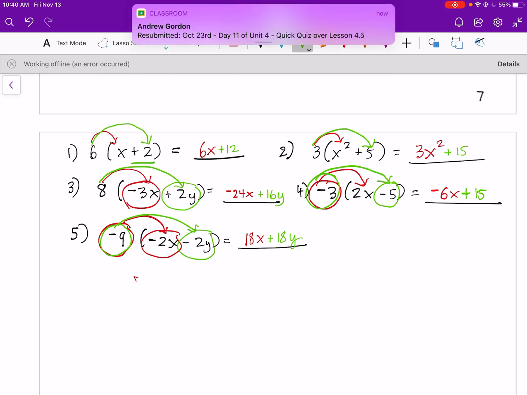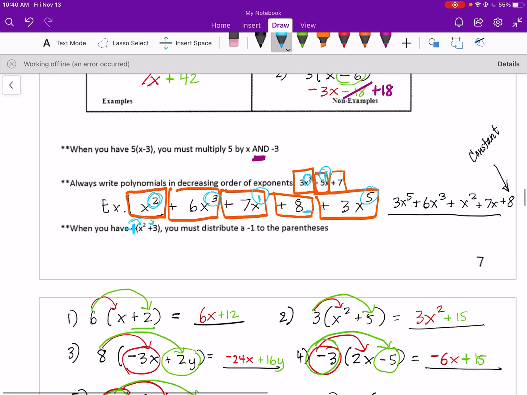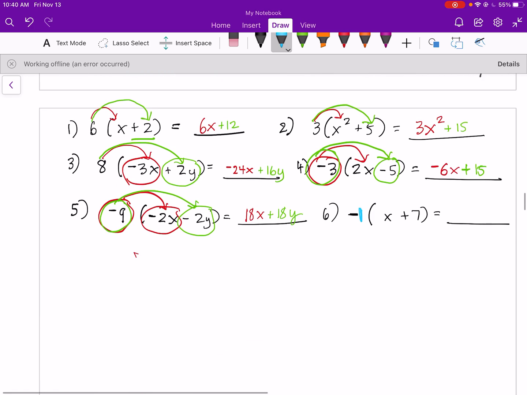So number 6 would be that negative parentheses x plus 7. So I wanted to do one of these so you can see it. So again, this is kind of like that ghostly Gladys. It's actually a negative 1. Sorry about that.